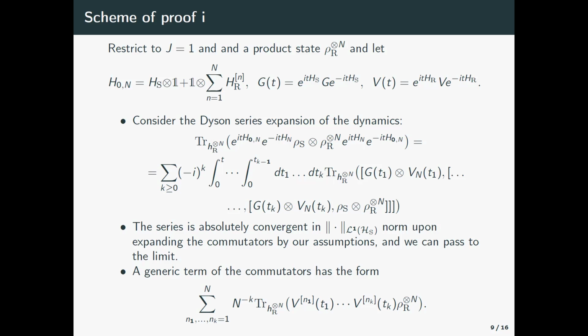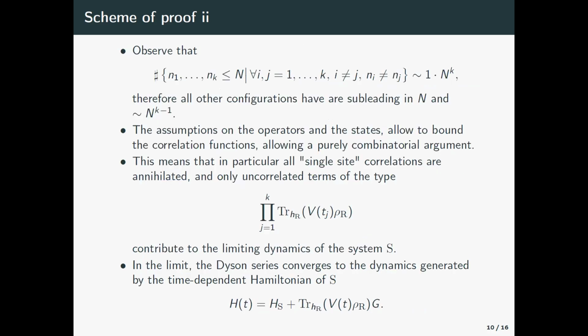This is a trivial combinatorial argument to observe that what you have in the limit is that the only terms which are preserved are the ones where each single site operator acts on a different tensor factor, because by counting arguments they are exactly n to the k with a 1 in front.